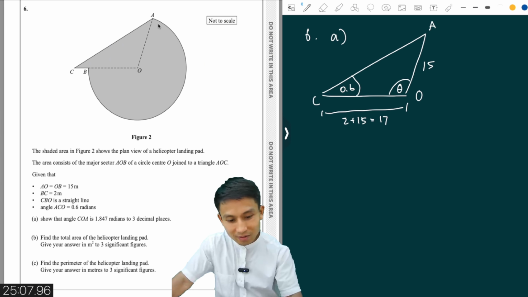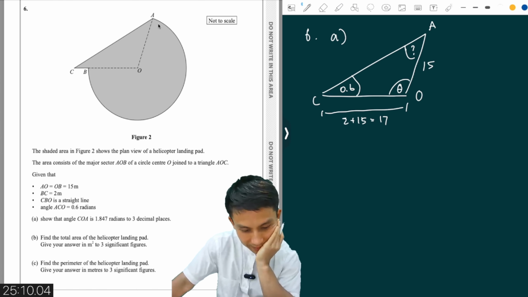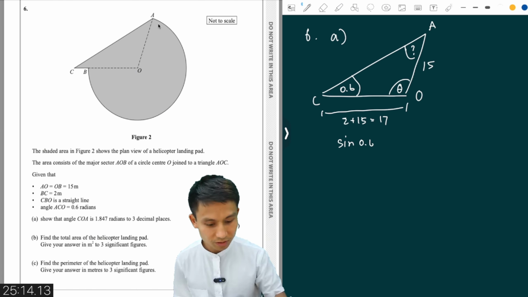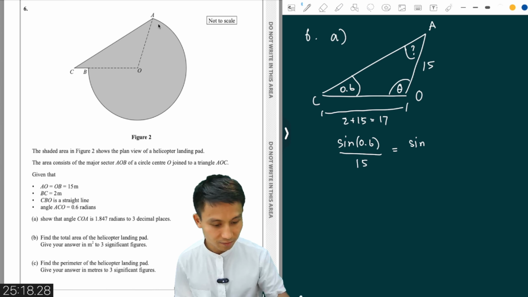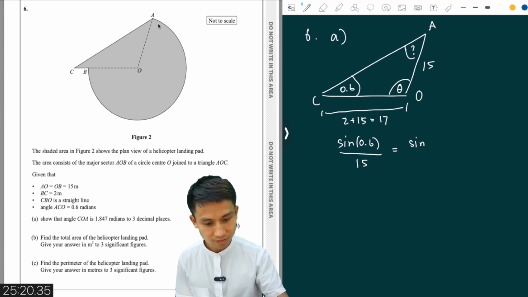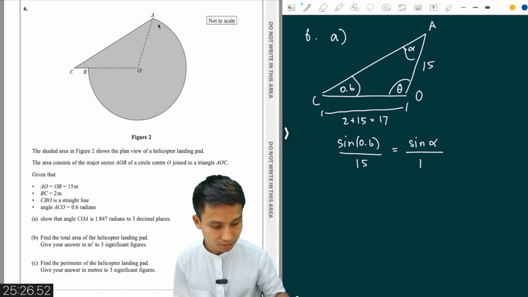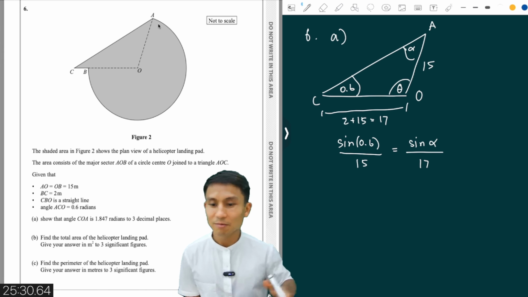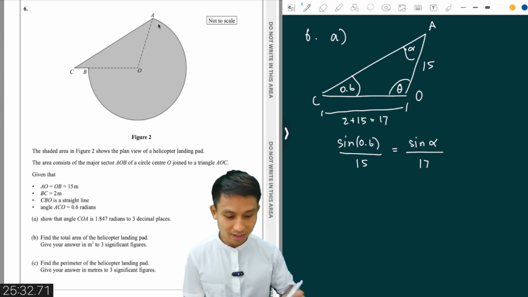So using the sine rule, sine of 0.6 over 15 equals sine of some angle, which I'll call alpha, over 17. Then we can use pi minus the other two to get theta.